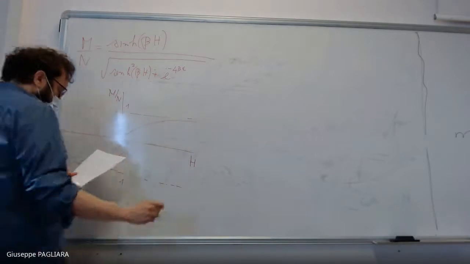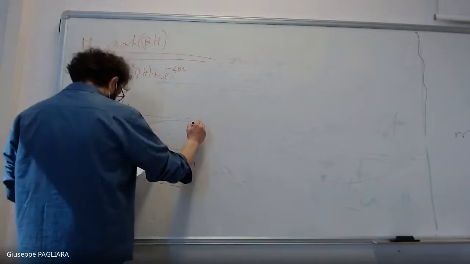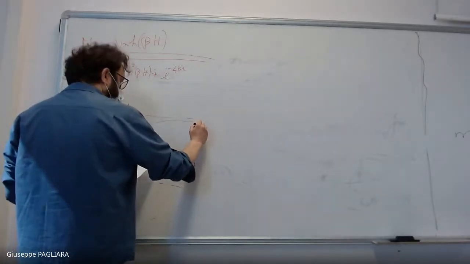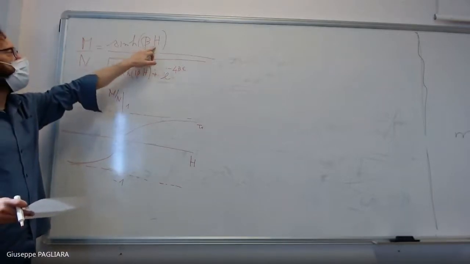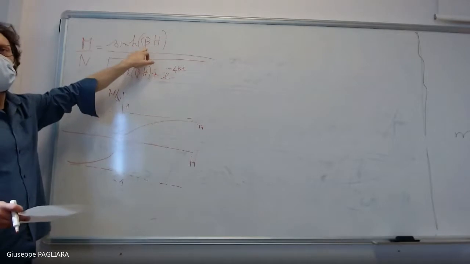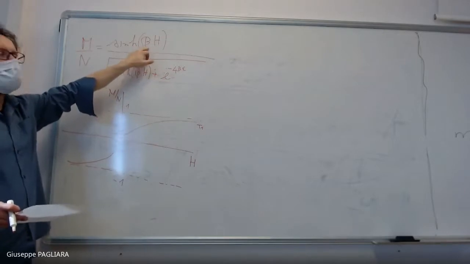Suppose that this is for T1, for a certain value of the temperature. And if I do another temperature larger than this, I see from here that at fixed h, if T is increased, the sinh goes to 0.